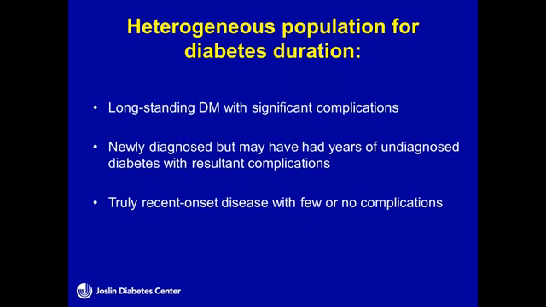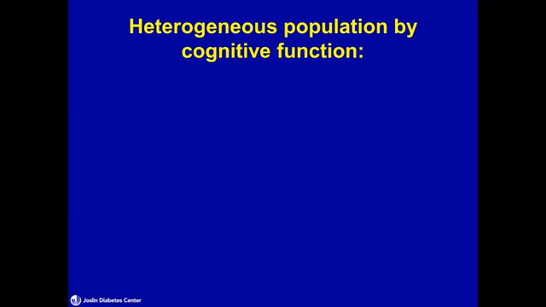Many of them have long-standing diabetes with possible significant complications. Others are newly diagnosed, but may have years of undiagnosed diabetes, which may also present with possible existing complications. And some are truly recent onset diabetes with few or no complications.